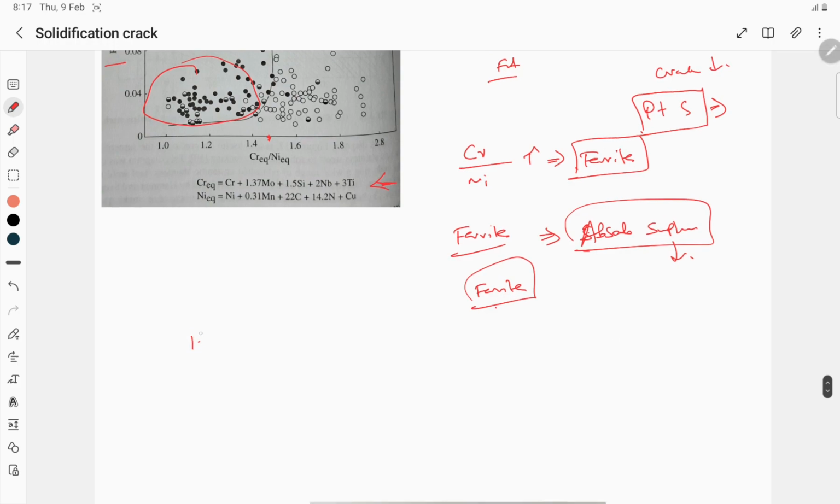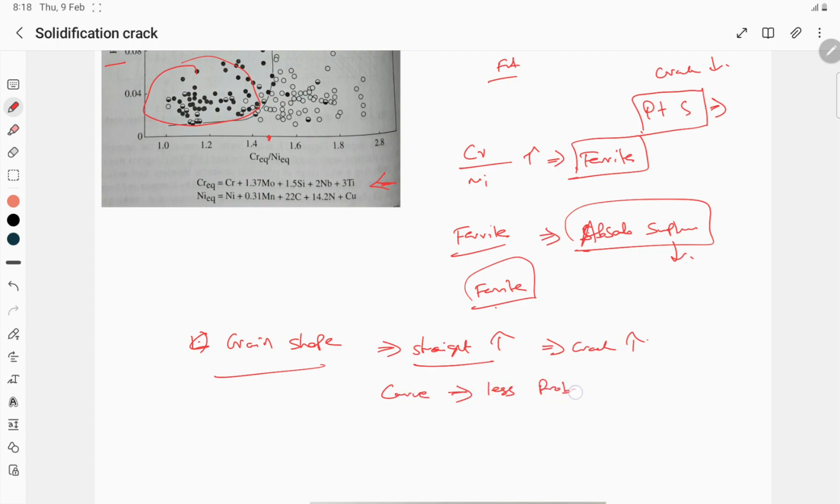In addition to that, based on the grain shape, if the grains are straight, there is a higher probability for the formation of crack. If it is curved, there is less probability for a crack.